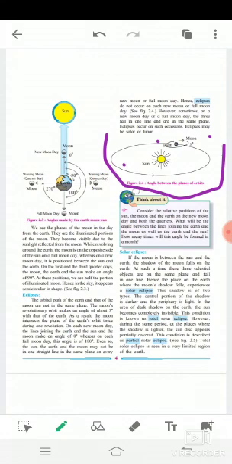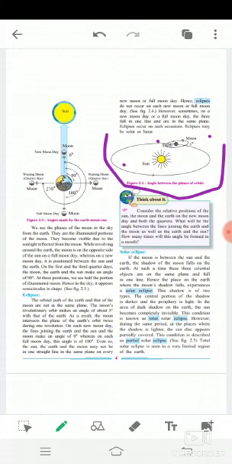If the moon is between the sun and the earth, the shadow of the moon falls on the earth. At such a time, these three celestial bodies are in the same plane and fall in one line. Hence, the place on the earth where the moon's shadow falls experiences a solar eclipse. Now the shadow of the moon is of two types. The central portion of the shadow is darker and the periphery is light.